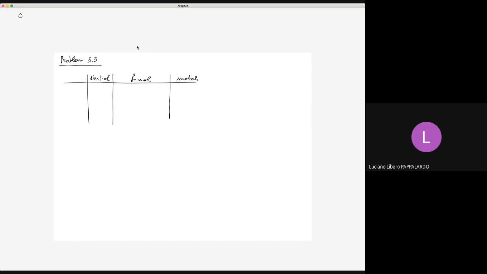Now, for the first process, we have the omega minus that goes into a proton plus 2 K minus plus K0 bar.